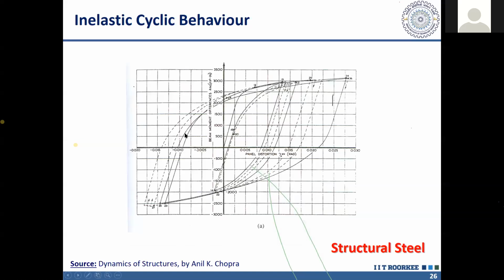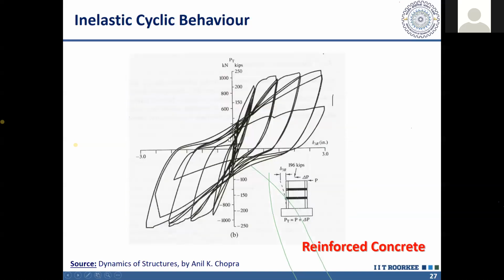Another thing you notice here, all the loading and unloading curves are parallel. You can see that these curves are parallel to each other. But when you see here, the loading curves gradually become less and less steep, or the stiffness is reducing. So you can see that the stiffness reduces in successive cycles.